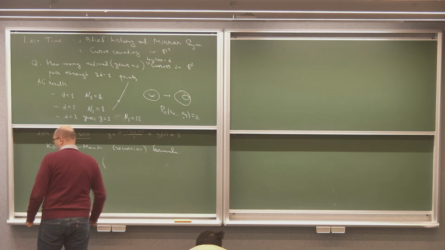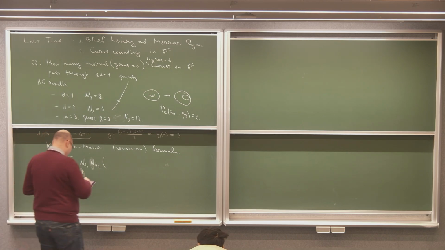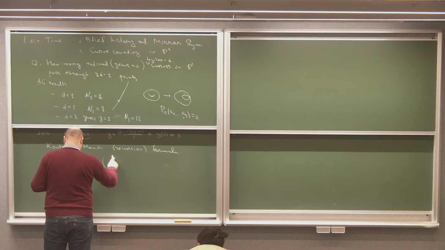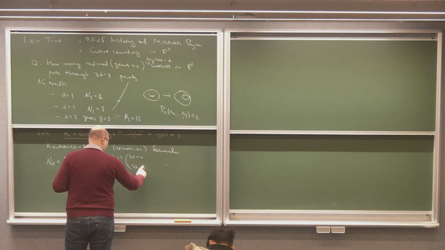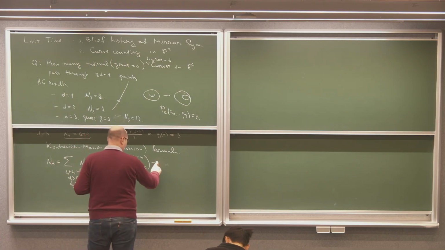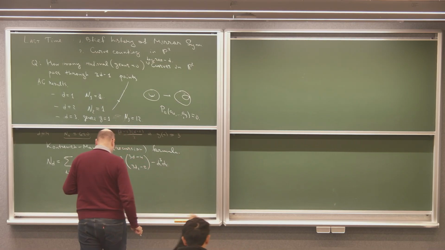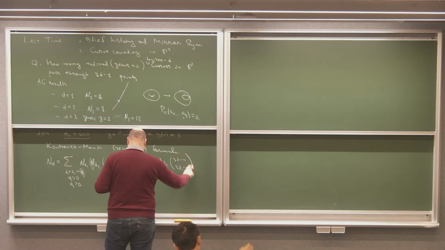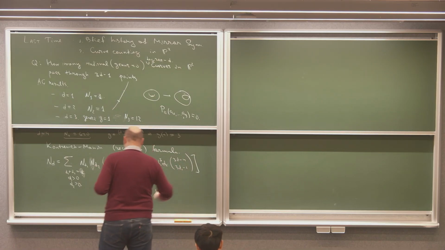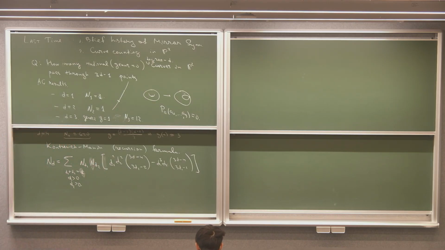Here we have some additional factors: d1 squared, d2 squared, a binomial coefficient (3d minus 4 choose d1 minus 2), and another term with d1 d2.